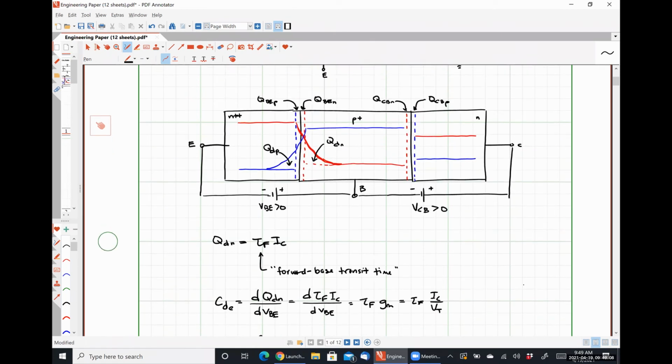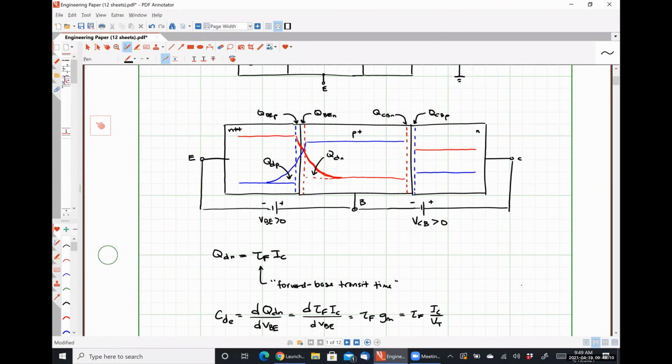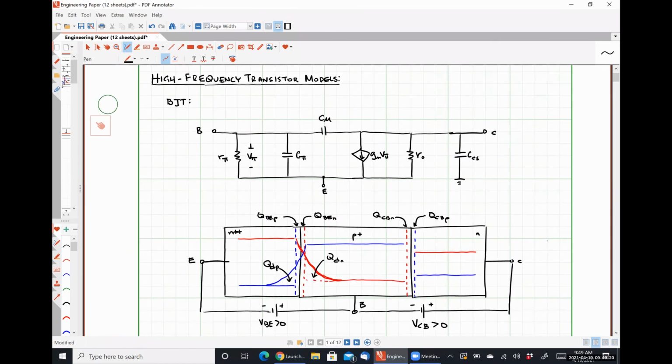All right, so if we look at our diagram, we have another junction capacitance across our collector base junction. So we should be able to easily see then that C mu, which is the capacitor in our model placed between the base and the collector, is representative of that depletion capacitance.